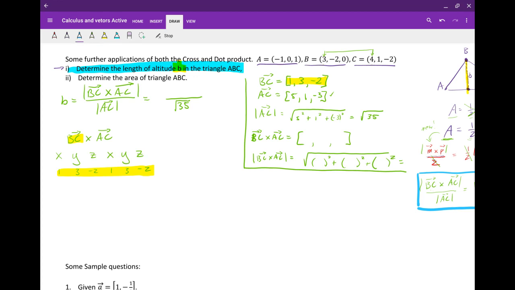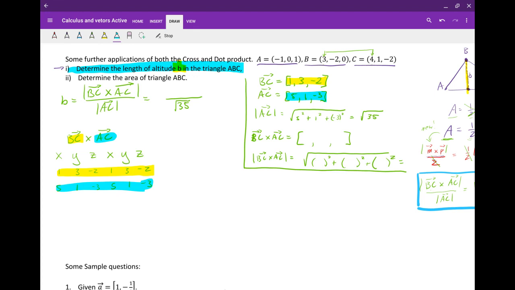Then you take the second vector and you write it: 5, 1, negative 3, 5, 1, and negative 3, right? That is the AC vector, okay?